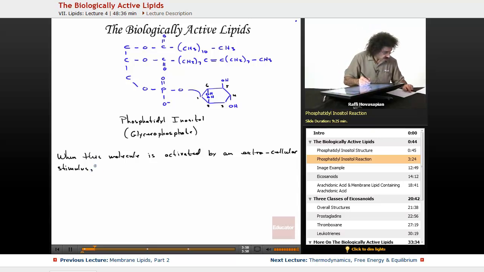Stimulus, so extracellular, the following reactions take place. I'll just go ahead and write reactions, not a problem. The following reaction sequence, how's that? Okay, so the following reaction sequence takes place.